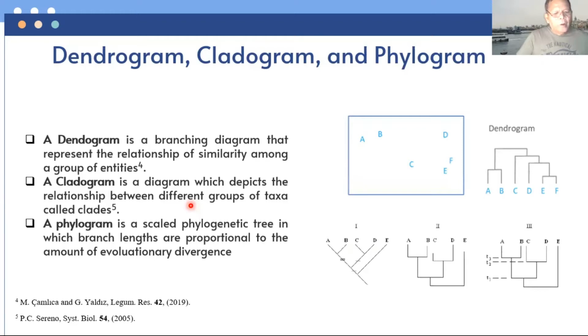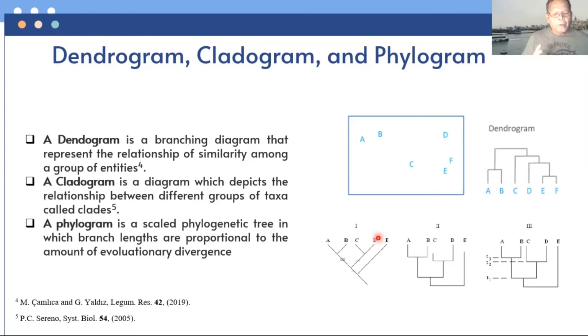A cladogram is a diagram which depicts the relationship between different groups of taxa called a clade. Cladogram can also be called phylogeny or a tree. Cladograms are constructed by grouping organisms together based on their shared derived characteristics.